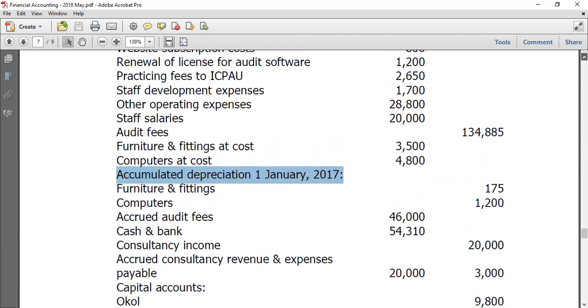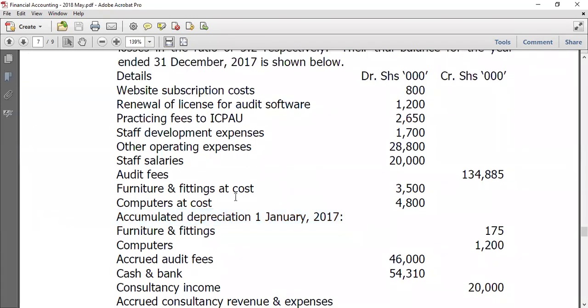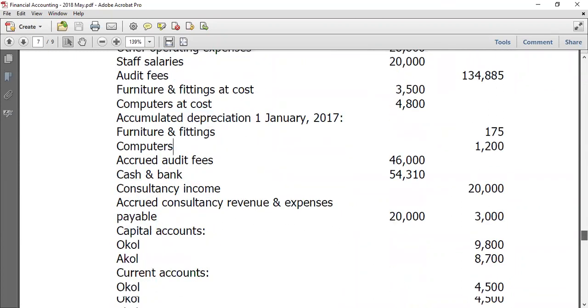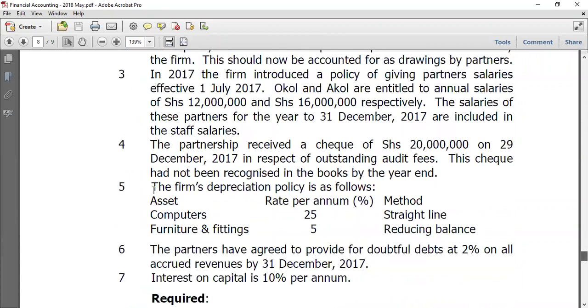Let's move up. Okay, right here. So you can see the furniture and fittings at cost is 3,500. The computers at cost is 4,800. They have gone ahead to give us accumulated depreciation for each of these assets. And they have also given us in the additional information the detail of the firm's depreciation policy.